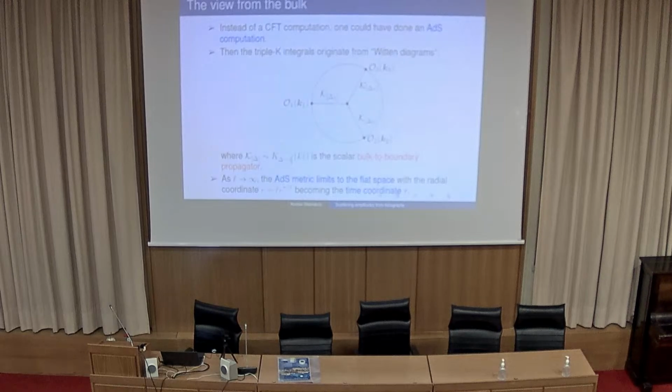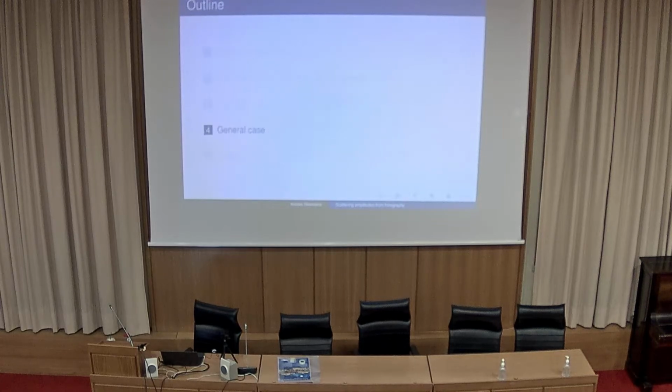So that, in a sense, brings back to where we started from. I did the change of variables in the beginning to map AdS to Minkowski. And now I can do the same change of variables here in the context of the integrals. Okay, so this was the 3-point function.